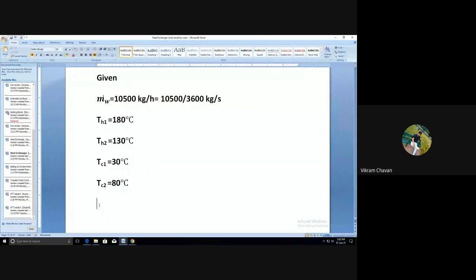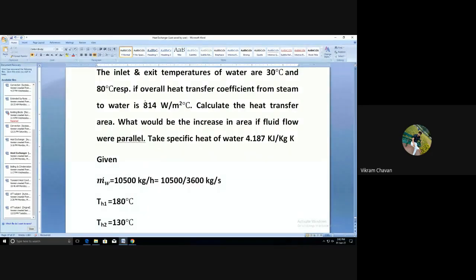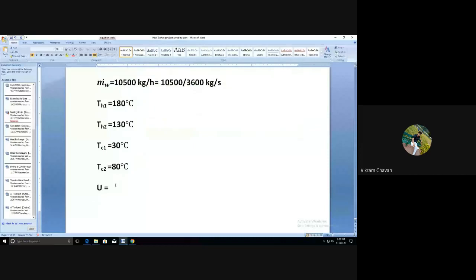Then U is provided. U is equal to 814 watt per meter square degree Celsius.